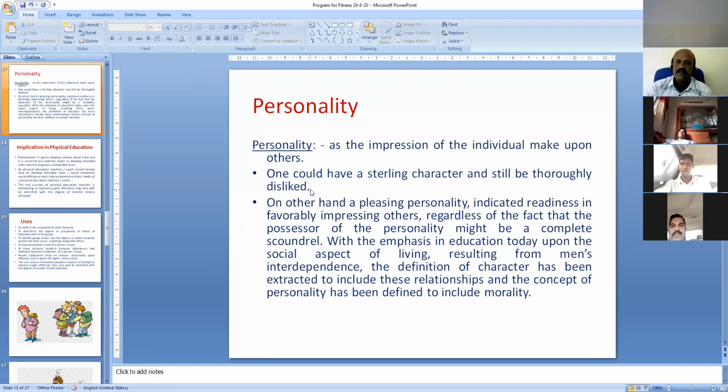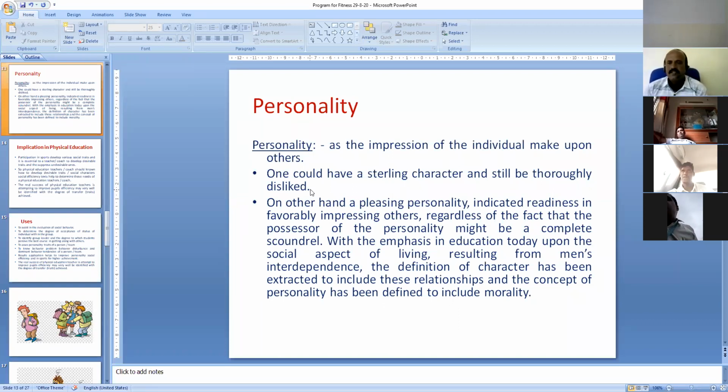So here what the author was trying to tell is that a sterling character, a very good character person, also can be disliked. Then a pleasing personality person can also have a bad personality behind him, or originally possess the qualities of a bad personality.